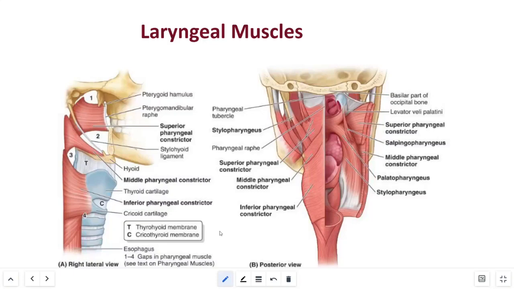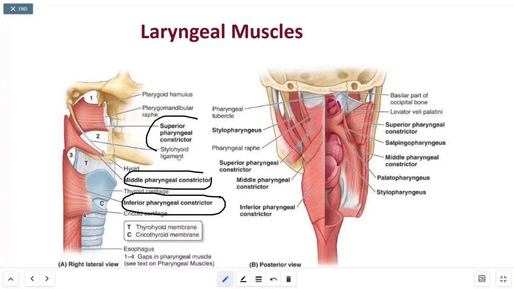All you need to be mindful of for the constrictors and pharyngeal muscles is that there's a superior, a middle, inferior, and that's it. As long as you know the superior is the most top, middle is right at the region of the thyroid and the cricoid cartilage, and the inferior will be toward the base of the cricoid cartilage. And you're good, right? So it's inferior pharyngeal muscle, middle pharyngeal muscle, and superior pharyngeal muscle.